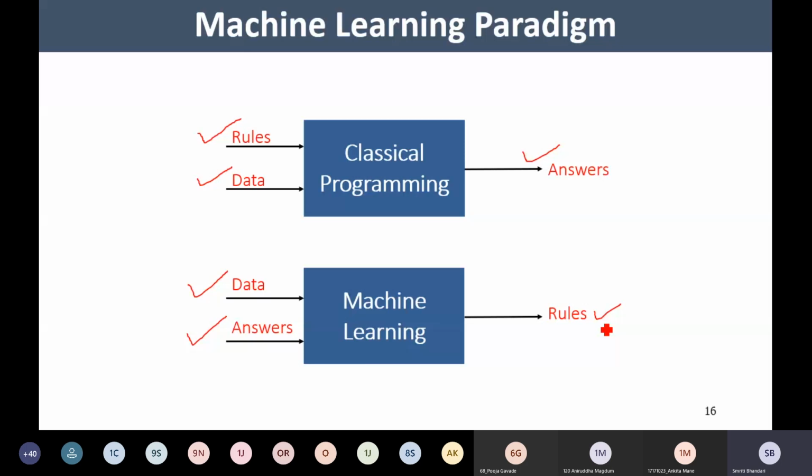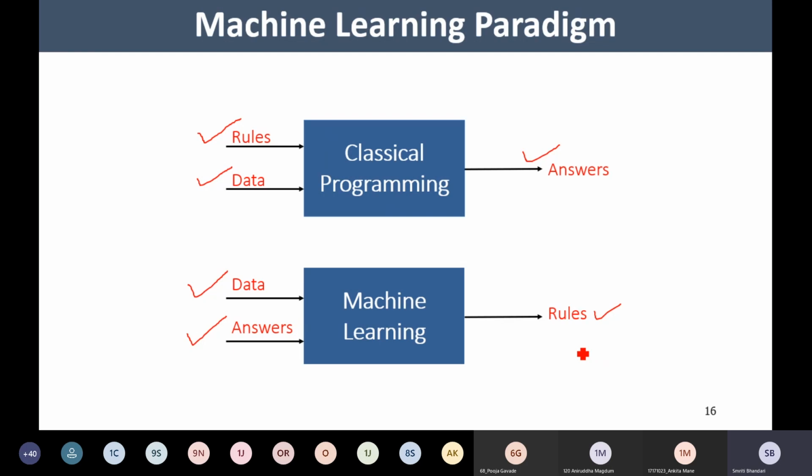The role of my machine learning system is to come up with the rules. So my machine learning system is trying to find some relation between the data provided and the answer, and whatever that mapping is, it is produced as the rule, and later that rule will be utilized for future predictions. So this is how my machine learning system works.